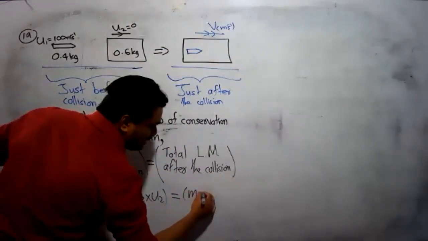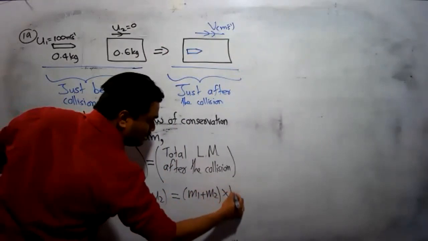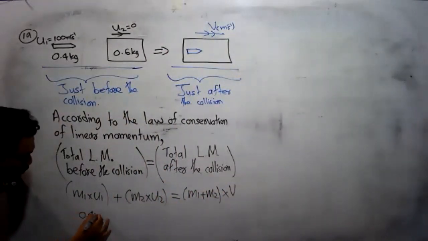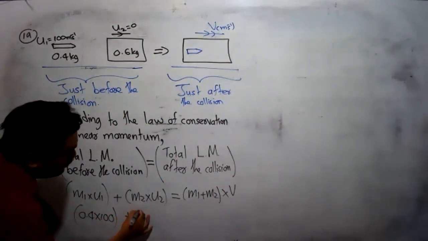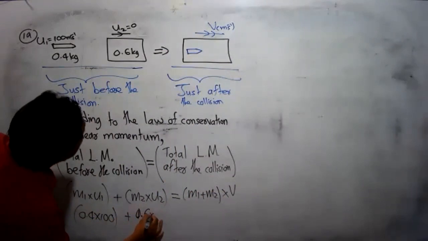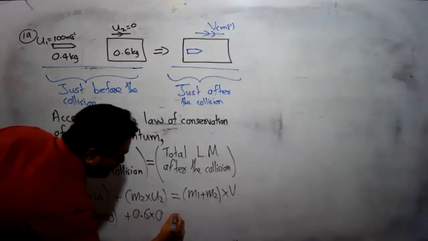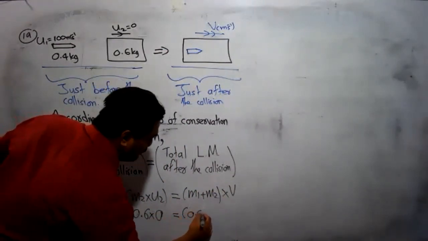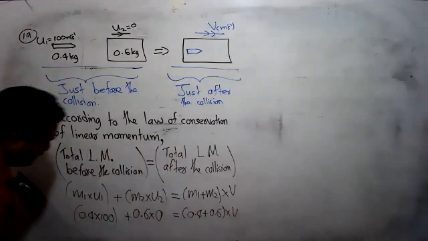The mass of that object, the combination of the two objects, is m1 plus m2. The velocity is v. m1 is 0.4, u1 is 100, m2 is 0.6, u2 is 0, equals, m1 is 0.4, m2 is 0.6, the velocity is v.